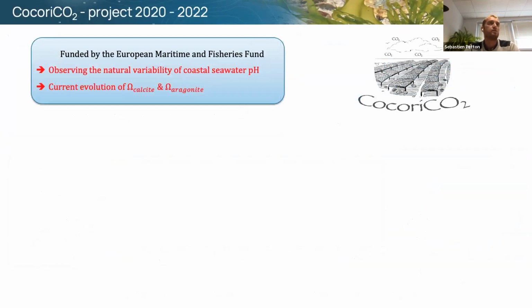This is why the Cocorico 2 project was funded for a 3-year period, and I'm going to introduce the first task, which consists in the determination of the current state of calcite and aragonite. And we really want to observe the natural variability of coastal seawater pH in this farming area.